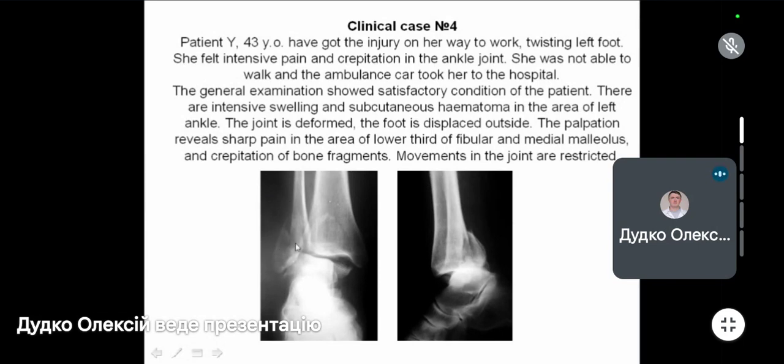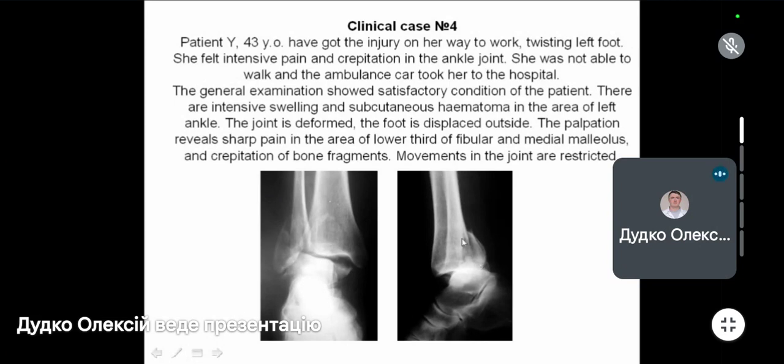Here is the fracture line. And this is displaced fracture, displaced fragment, which should be here. And whole talus with whole foot was displaced to the lateral side. That's why we see here fracture malleolus and subluxation of the foot to the lateral side. That's what we see on AP view.